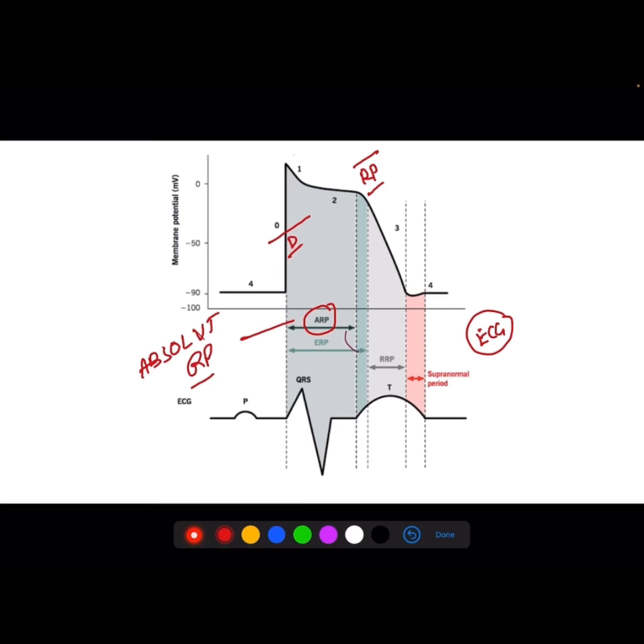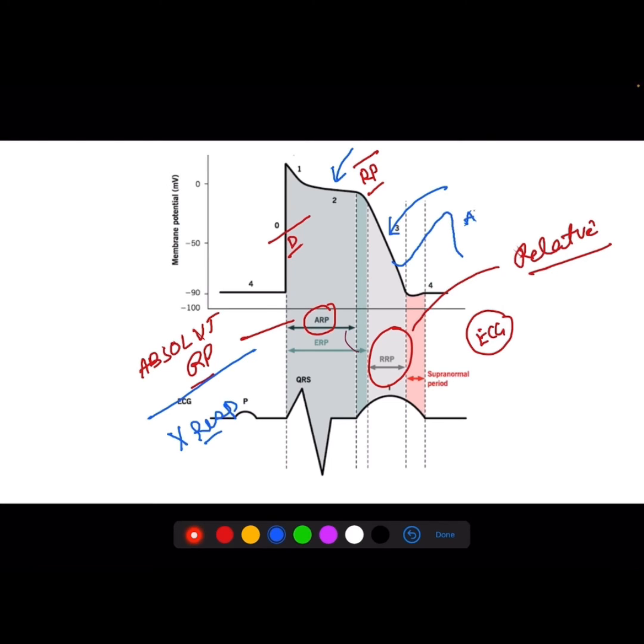The second is the relative refractory period. That means if any impulse comes and hits at this part, there would not be any response. But if an impulse hits at phase 3, there can be some amount of action potential generated. This is very important to remember.